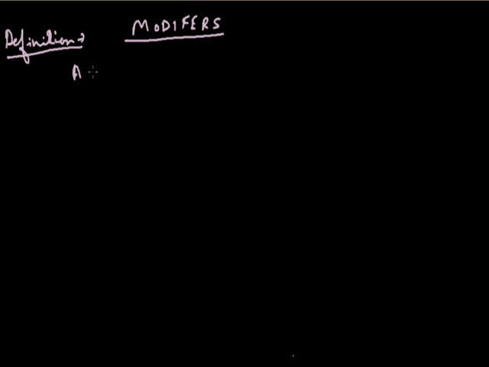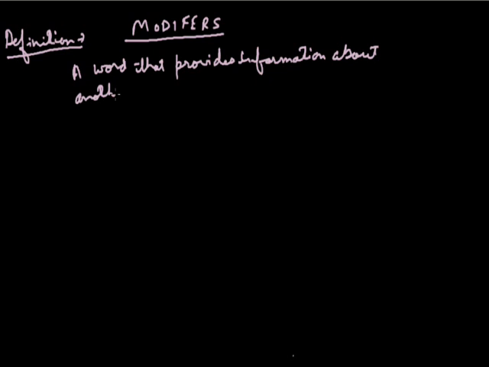Now, a modifier actually is a word that provides information about another word in the sentence. What actually is a modifier?